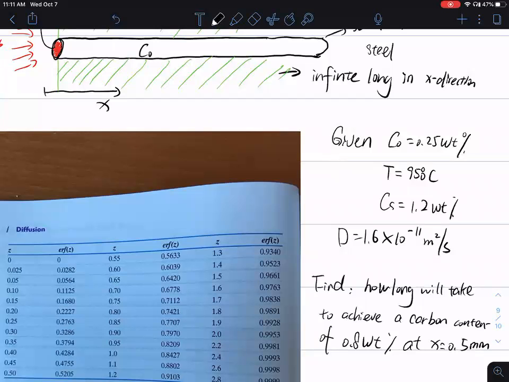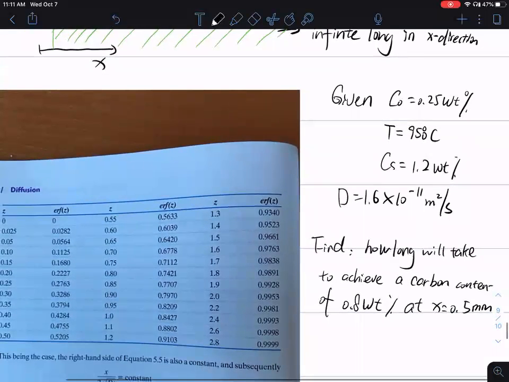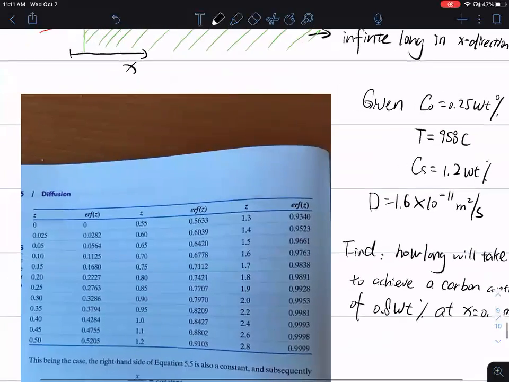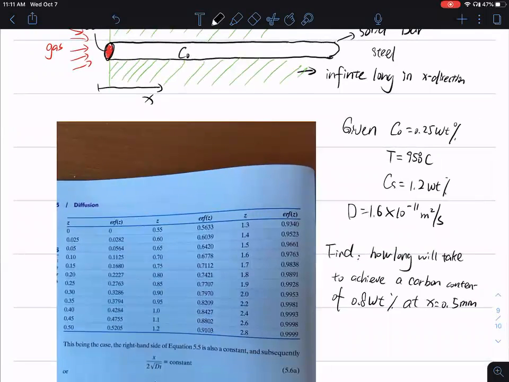Okay, our goal is to find how long it takes to achieve a carbon content of 0.8% at location x equals 0.5 millimeters. Let's see, it's about right there. Actually, 0.5 millimeters is very tiny, right? It's about the same size as the radius of your pencil lead.